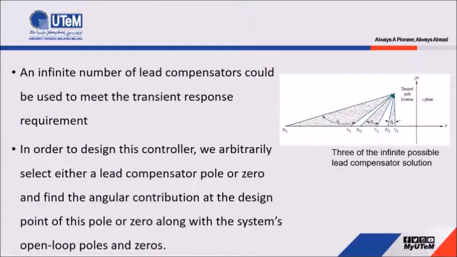An infinite number of lead compensators could be used to meet the transient response requirement. To design this controller, we can select either a lead compensator pole or zero and find the angular contribution at the design point of this pole and zero along with the system's open loop poles and zeros.